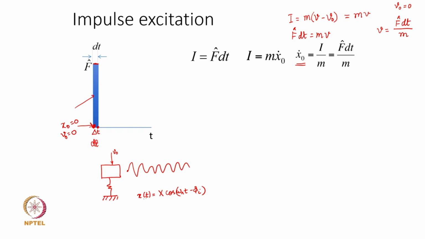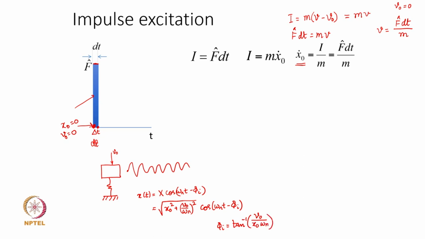Now, capital X, if you recollect, is the square root of x naught square plus v naught by omega n square, and phi is the initial phase lag, which is tan inverse of v naught over x naught into omega n.